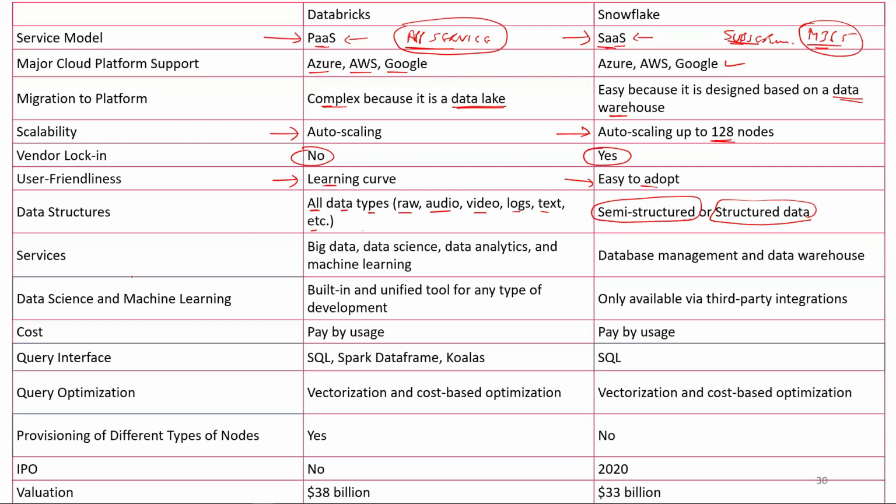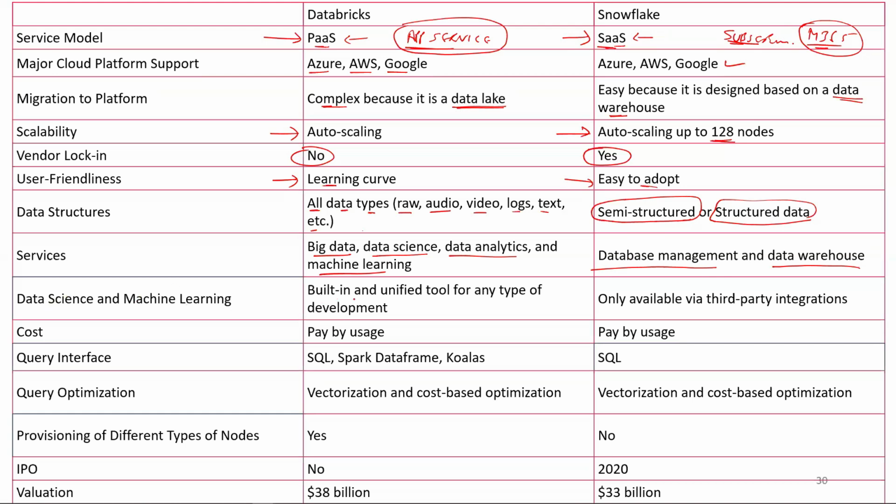Okay. Now, from the service perspective, Databricks can be used for big data, data science, data analytics, or ML purposes also. So these sorts of services are possible on this one. But here we have database management and data warehouse only.